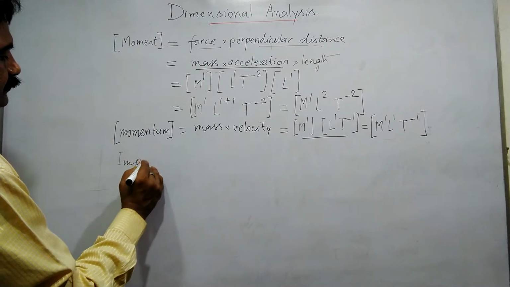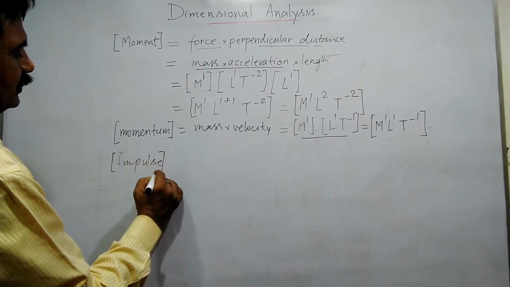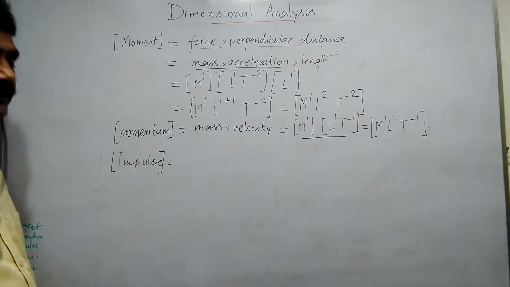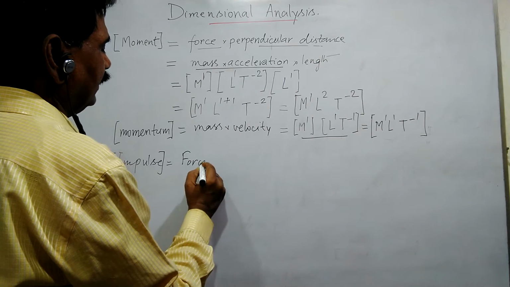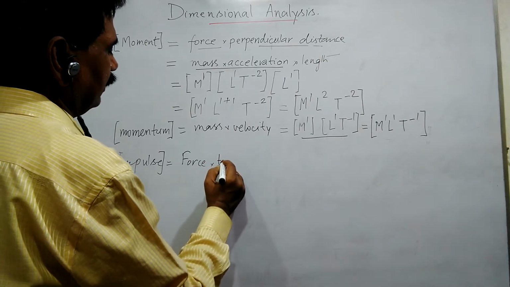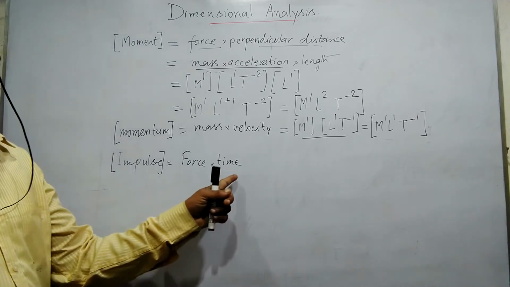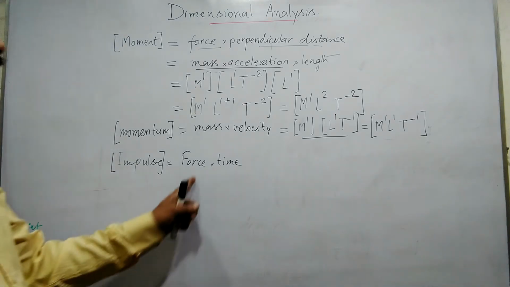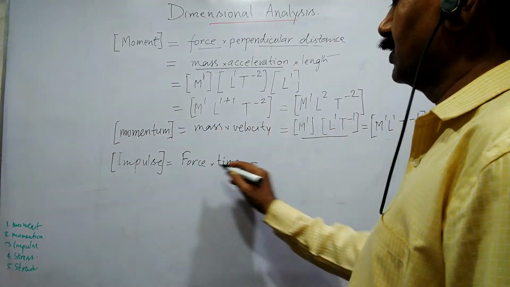Okay. Now try to write down the dimensional formula of impulse. How do we define impulse? That is force multiplied by a short duration of time. Force multiplied by time, that is impulse. Then write down the dimensional formula of this.